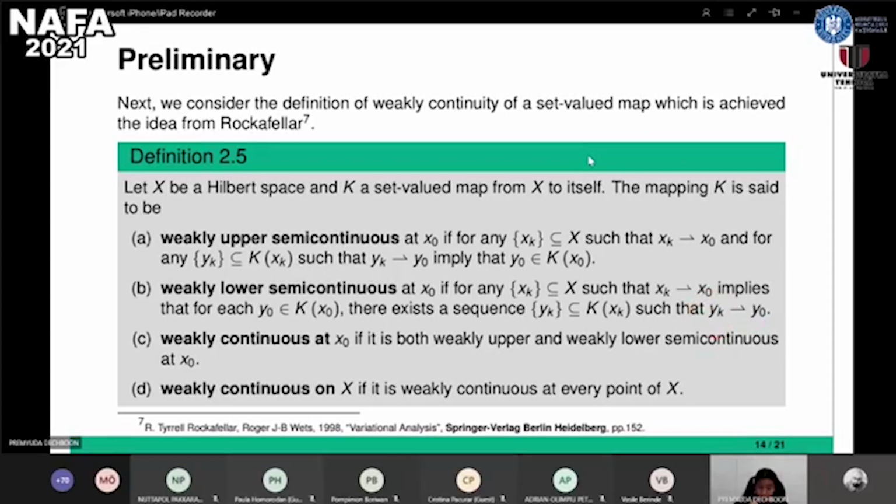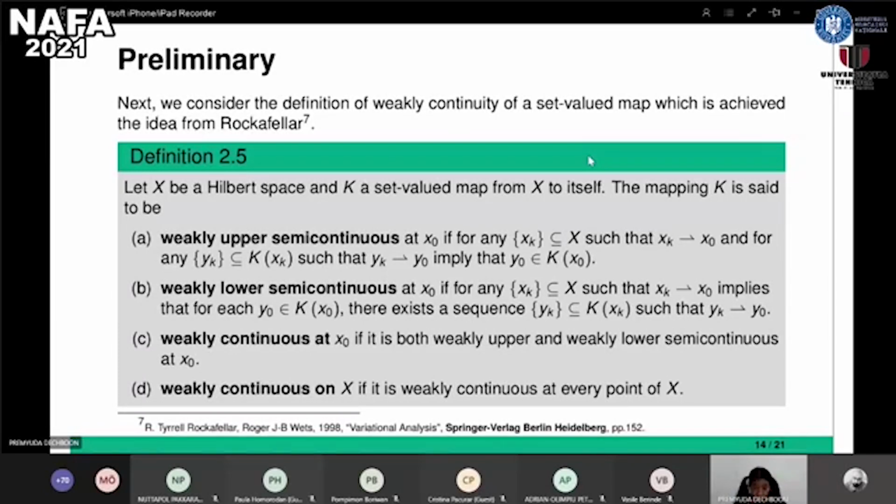And we can say that the set-valued mapping K is weakly continuous at x0 if it is both weakly upper and lower semi-continuous at x0. Moreover, it is weakly continuous on X if it is weakly continuous at x for any x in the set X.